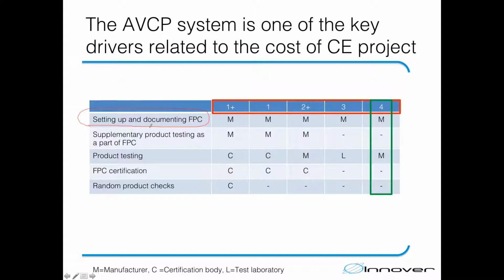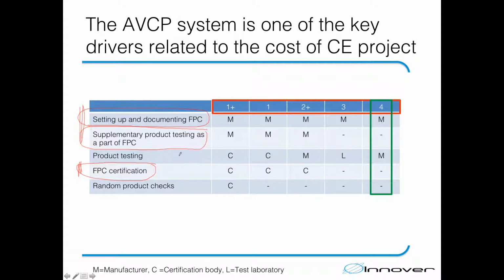And in relation to this, we have the FPC certification, where the third party basically verifies that we have set up the FPC properly. And then we have, in some cases, that we have to perform some supplementary product testing as part of the FPC. So here we have the things that relate to the factory production control. So the second step in the CE marking process.